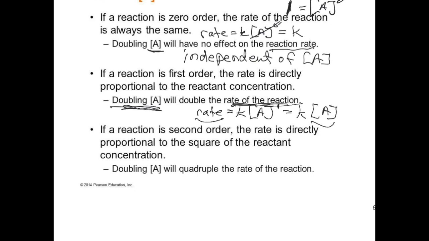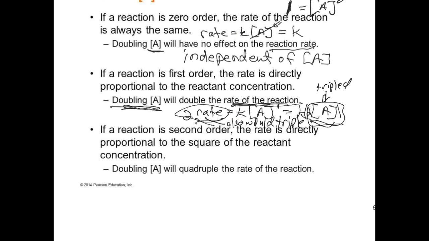If you doubled that concentration, then you would double the rate. That's what that says. Okay? Whatever you do to this, that's what would happen here. If I tripled the concentration of A, the rate also would triple, because they're directly proportional.